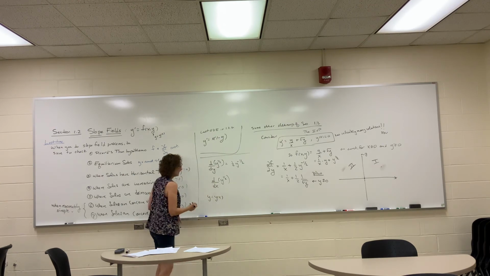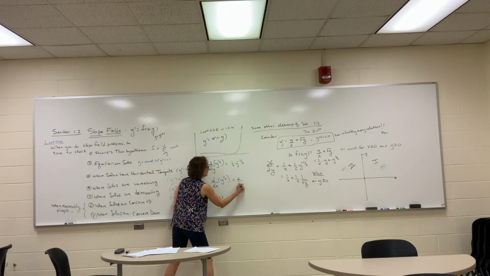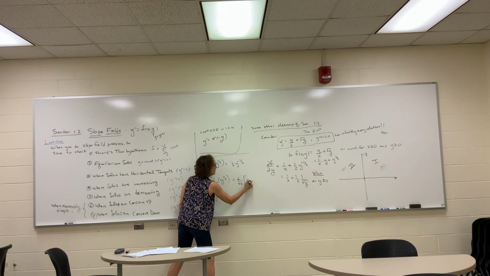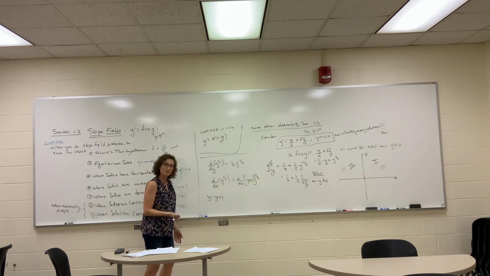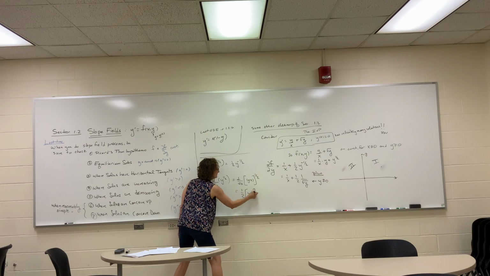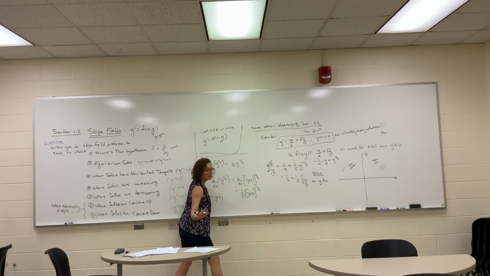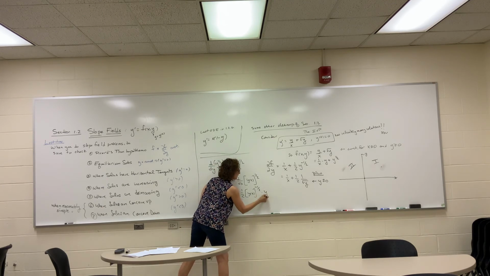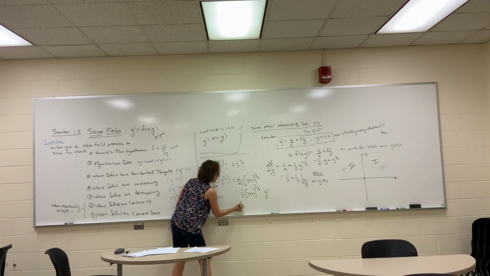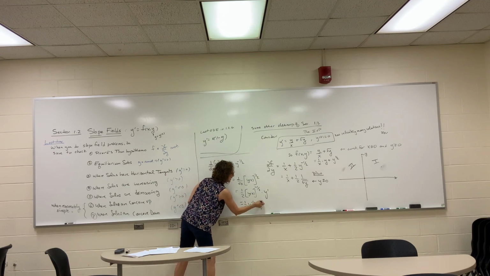Chain rule, right? So this is the same as saying take the derivative with respect to x of y of x to the 1/2 power. What does the chain rule say that is? 1/2, leave the stuff alone, subtract 1 from the stuff, multiply by the derivative of the stuff. Or in shorter notation, 1/2 y to the minus 1/2 times y prime.